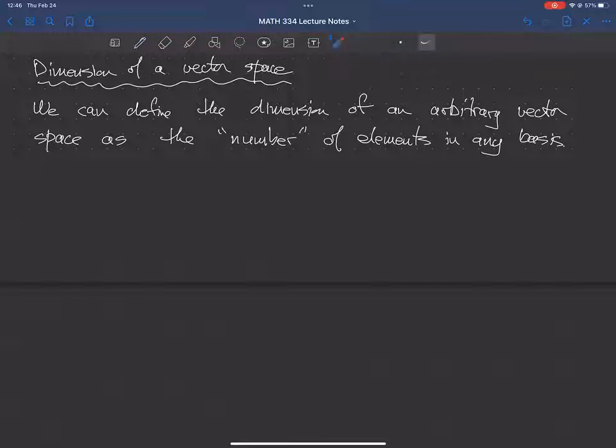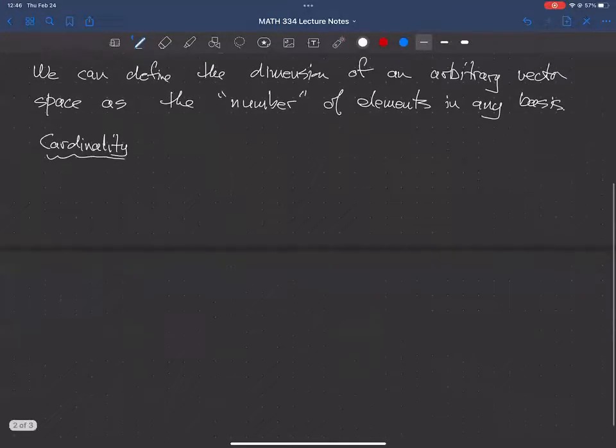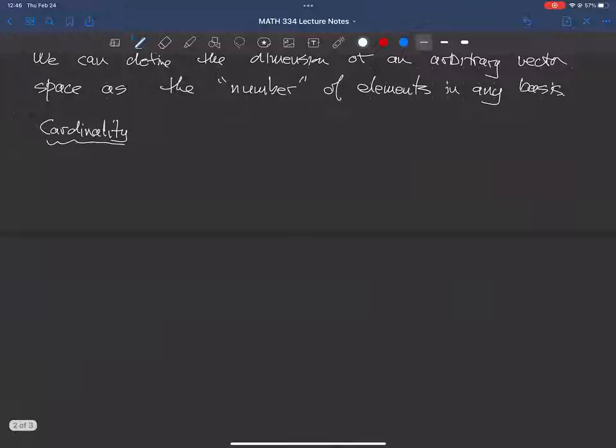Okay, so both of those questions hinge on saying what you mean by the number of elements in a basis. And so let's talk very briefly about the notion of cardinality. Cardinality is a property of a set. So if you have a set, you can talk about the cardinality of a set.